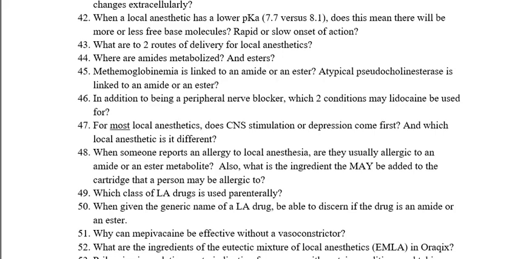In addition to being a peripheral nerve blocker, which two conditions may lidocaine be used for? So that will be cardiac arrhythmias, because they also block the sodium channels in the heart, and additionally as anti-seizure medication. For most local anesthetics, central nervous system stimulation comes first, except for lidocaine.